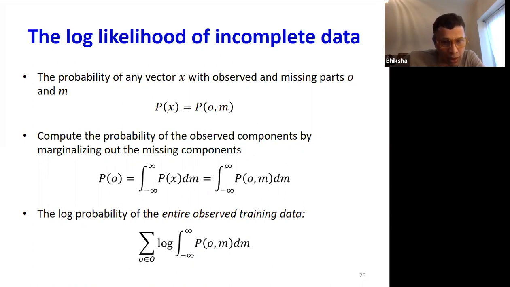And now I get the log probability of the entire observed training data, where the probability for the individual vectors, the observed components of the individual vectors, is obtained by computing the Gaussian over the entire vector, including the missing components, and then integrating the missing components out.